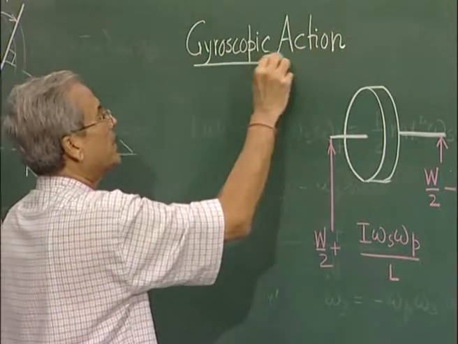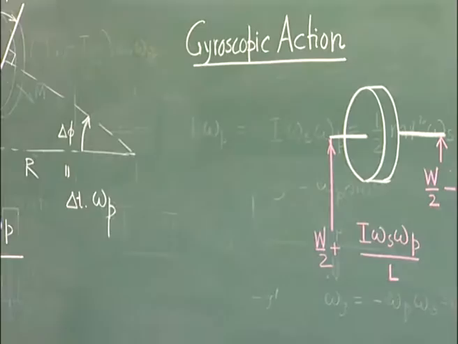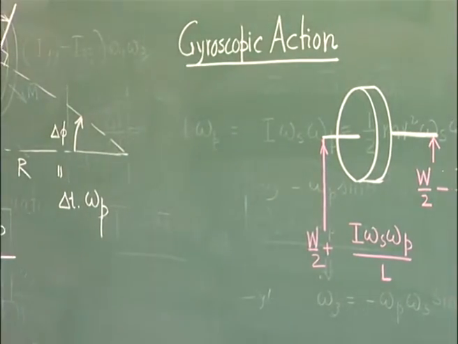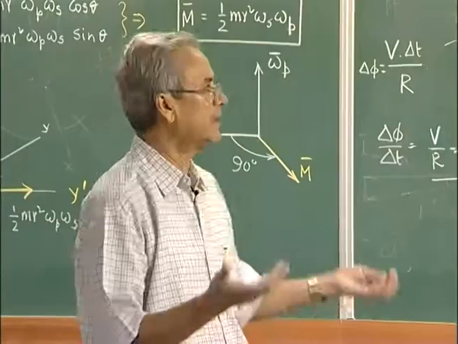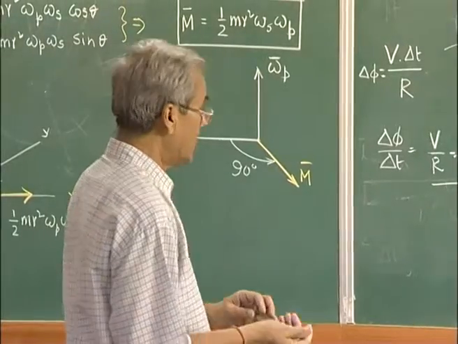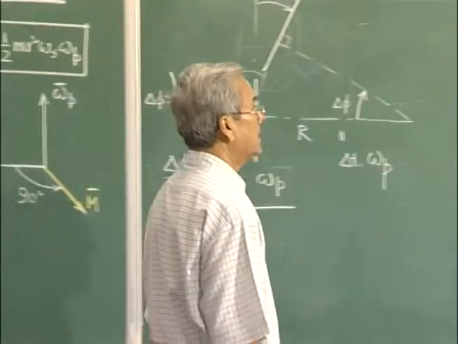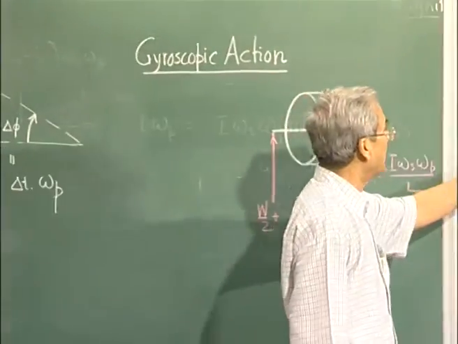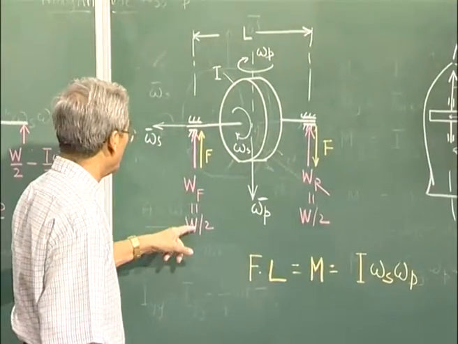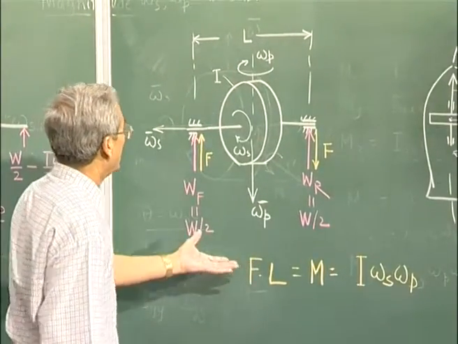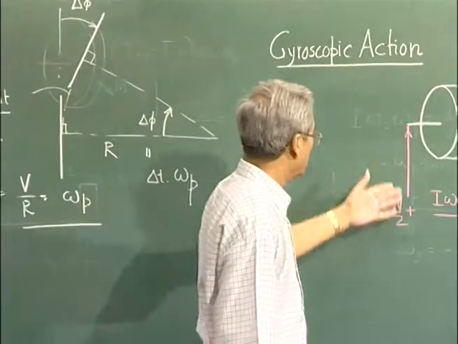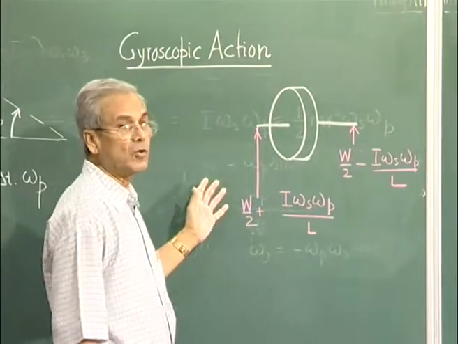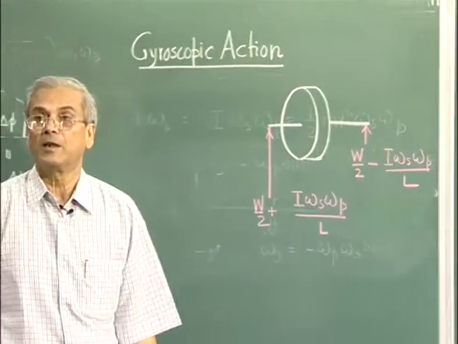So as a simple case, we have seen here that the gyroscopic action leads to alteration of the bearing reactions, and this must be taken into account while designing the system. If we consider that the bearings are subjected to only W by 2, that is the weight, we will be wrong, because one of the bearings is going to be subjected to a much higher load than what simple weight will result in.